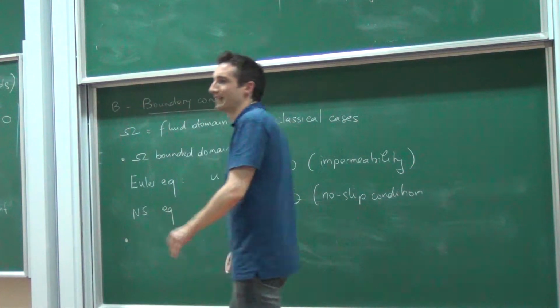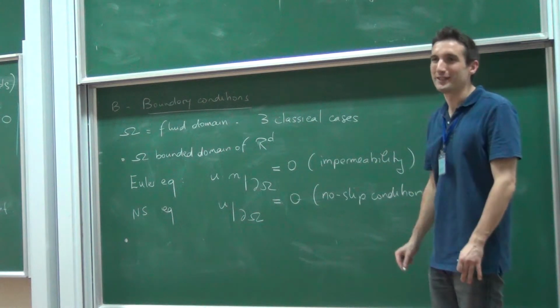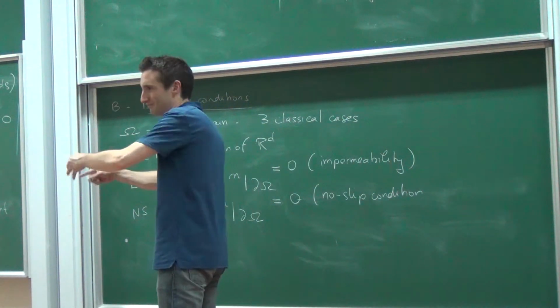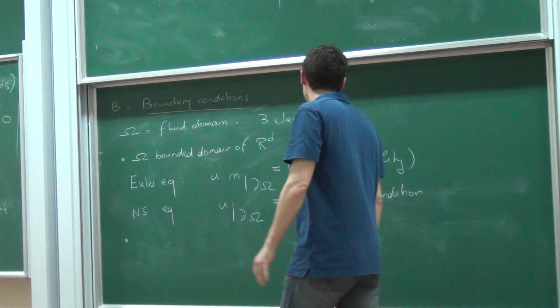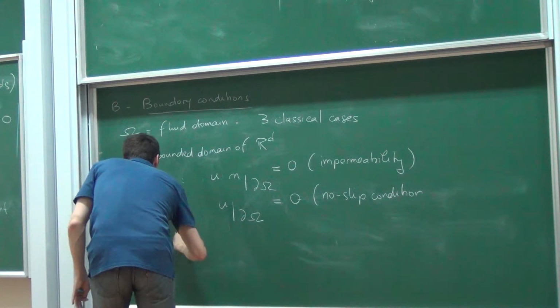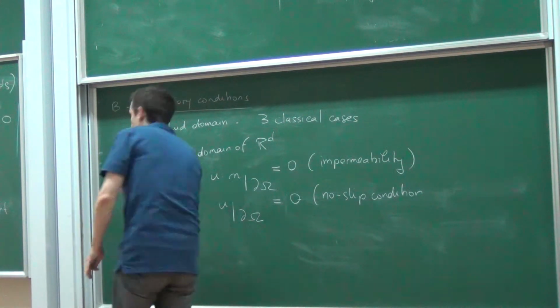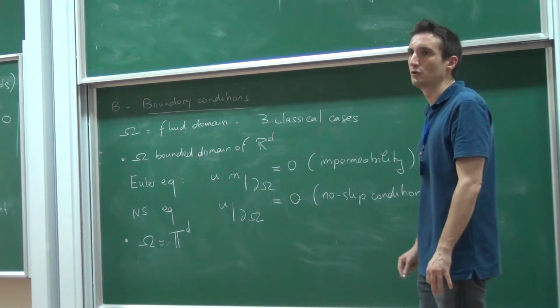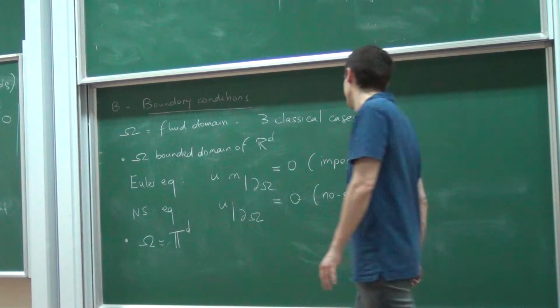But for the mathematical analysis, it's useful to get rid of the boundaries sometimes to focus on other issues. So other choices could be the torus, Td, corresponding to periodic boundary conditions.